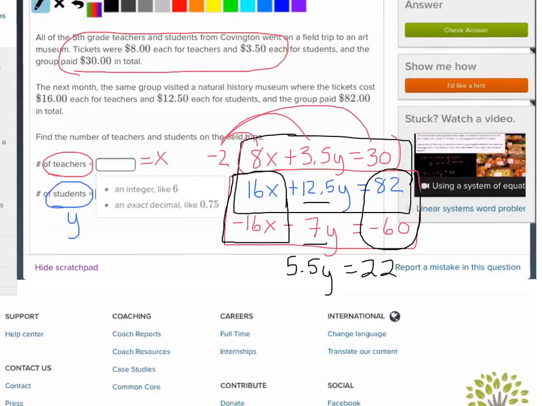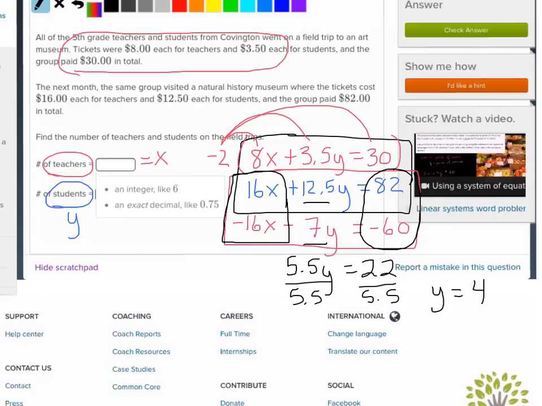Now solving for y, which is the number of students who participated, is easy. We'll just divide by 5.5 on both sides. So y is 22 divided by 5.5, which is 4 even.